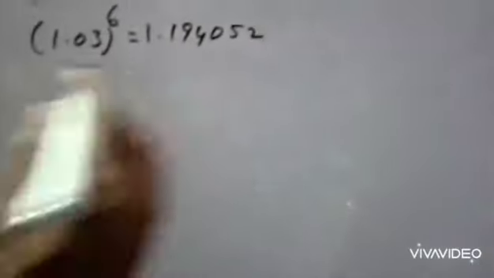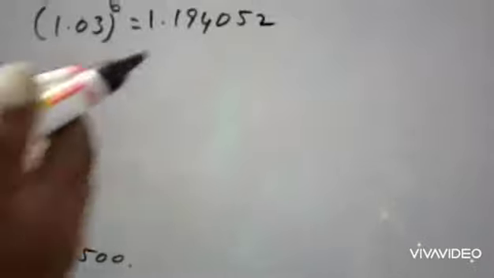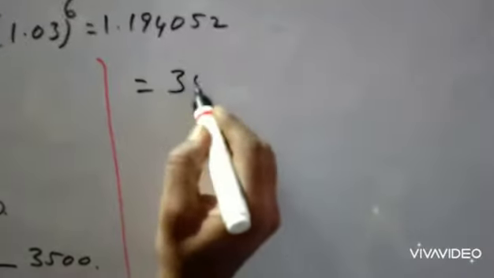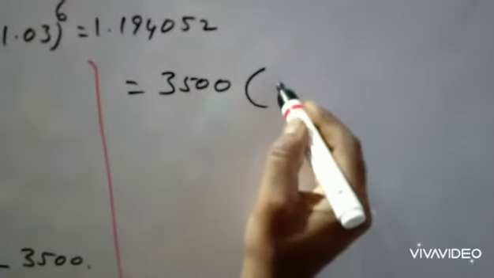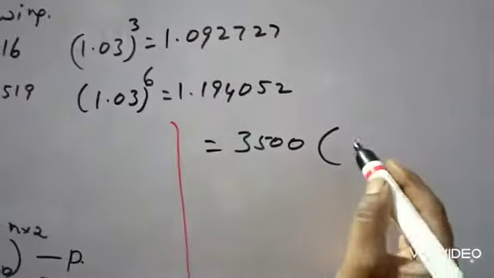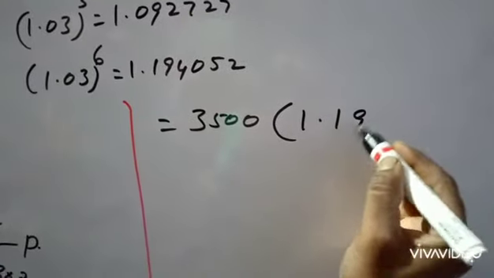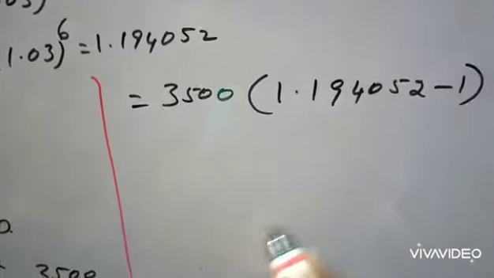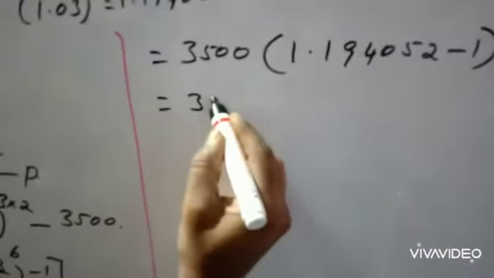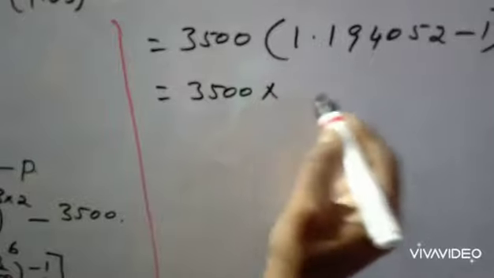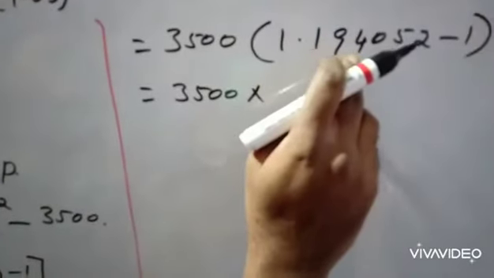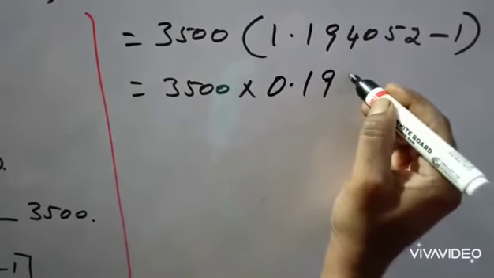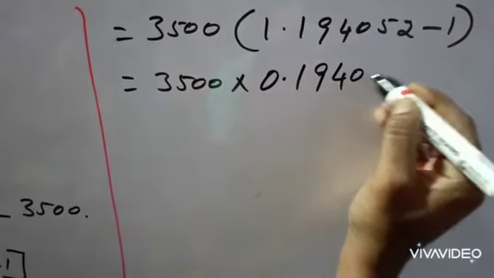So we will get 3500 into (1.03 power 6 minus 1) equal to 3500 into (1.194052 minus 1) equal to 3500 into 0.194052.